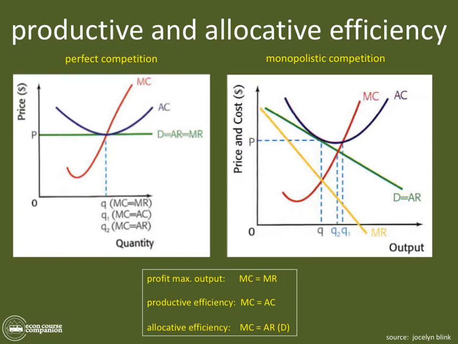When comparing monopolies with perfect competition, the reason that all three of these points don't line up, and monopolies are more productively and allocatively inefficient than perfect competition, is that the monopoly has the ability to restrict output and increase price, right?